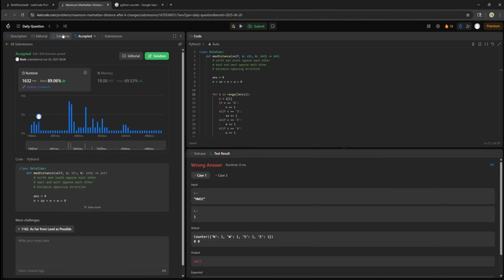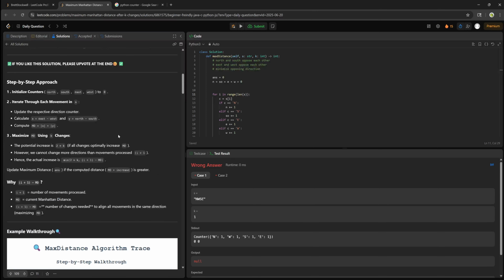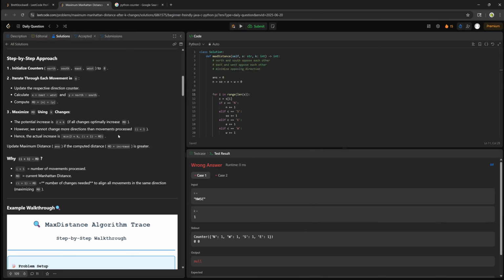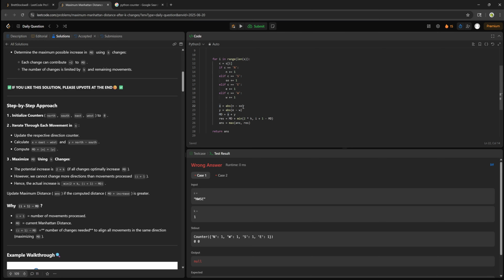Okay, now we definitely need to see what's going on with that formula here. So you keep a counter of all of them, yeah. X equals... this does not make sense. Shouldn't X be in the horizontal directions, which would be east and west?